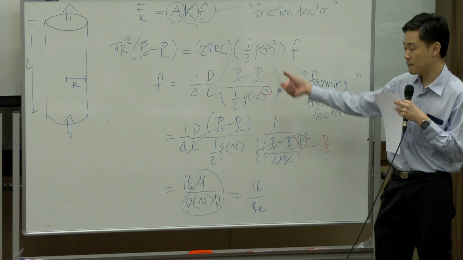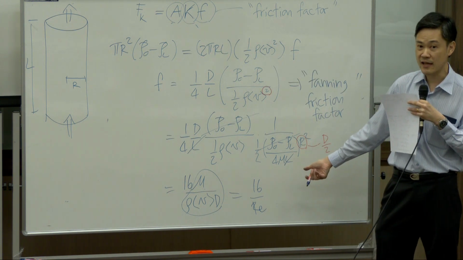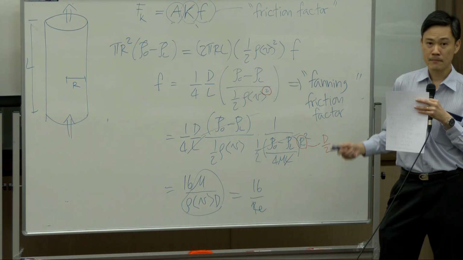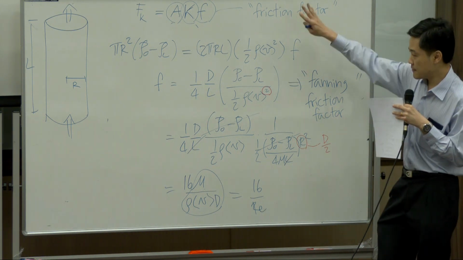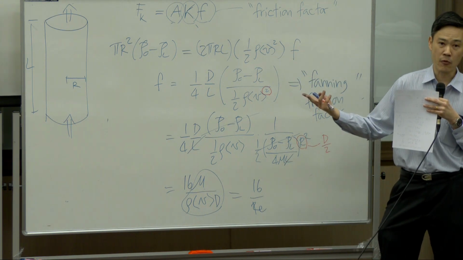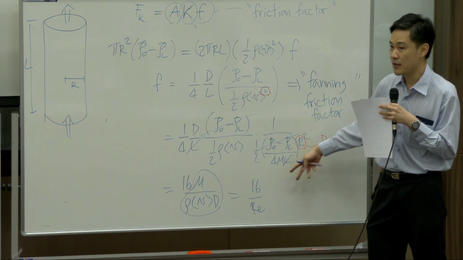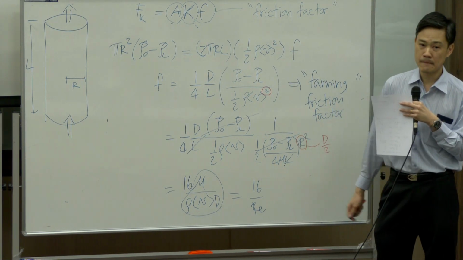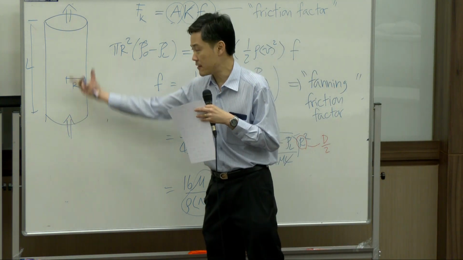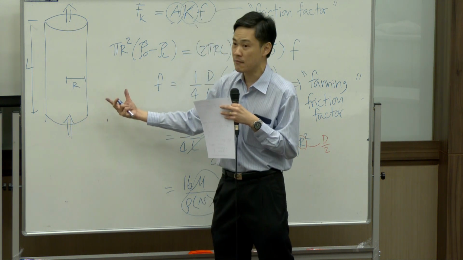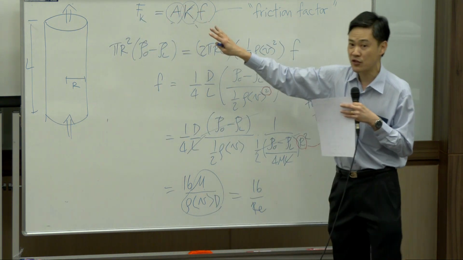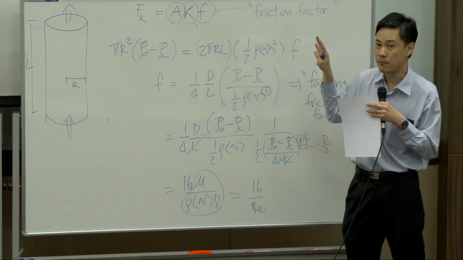You can approximate the friction factor from this equation as long as the flow is laminar. So this is basically the link between what you have used in unit operation 1. This is how it was derived. So imagine if the system is not flow in a circular pipe. If the system is more complicated than that, then you just repeat what you did in chapter 2 to find the velocity profile.